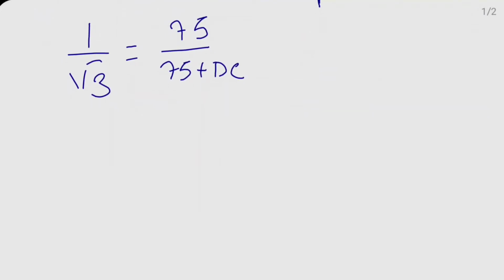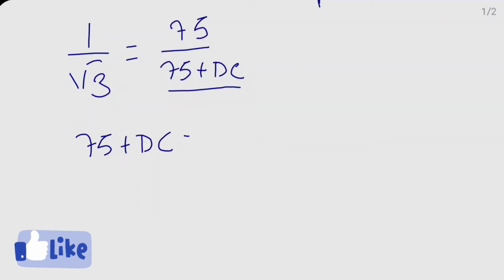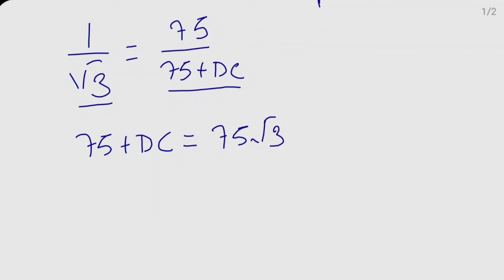And now here 75 plus DC comes in LHS side, it becomes a multiplication. So 1 into 75 plus DC is 75 plus DC equal to root 3 goes in RHS side, it also becomes a multiplication. So 75 root 3.